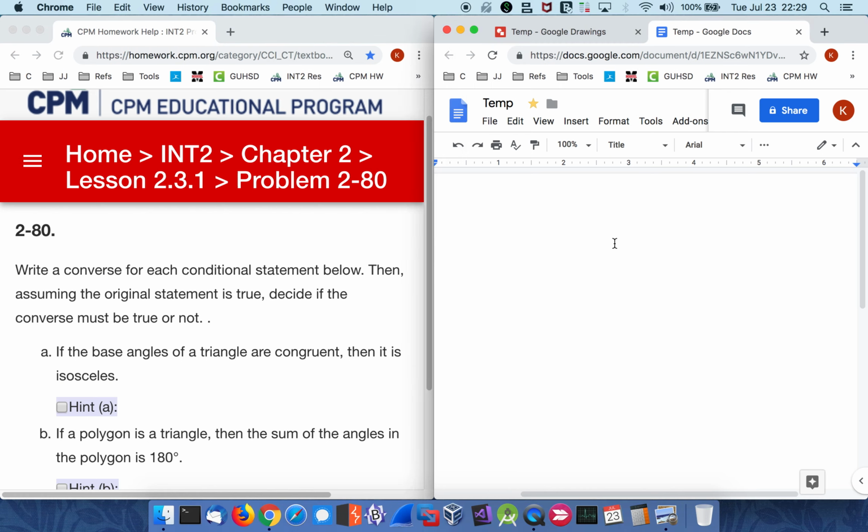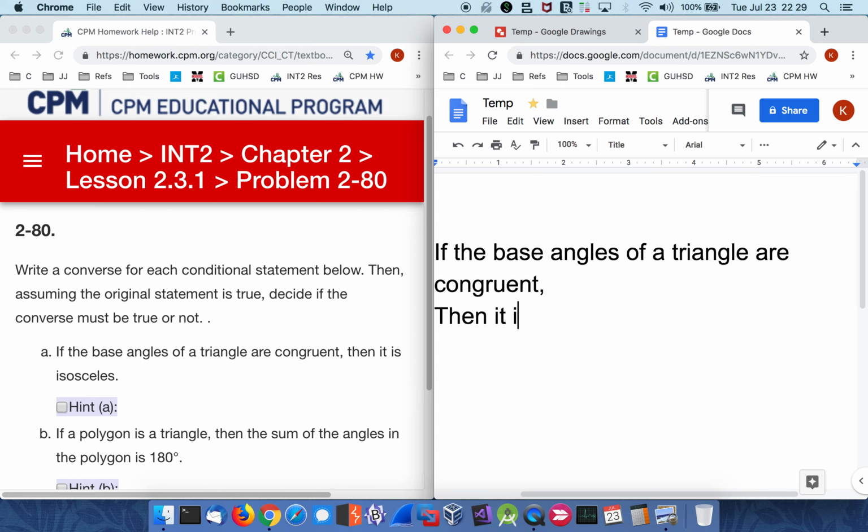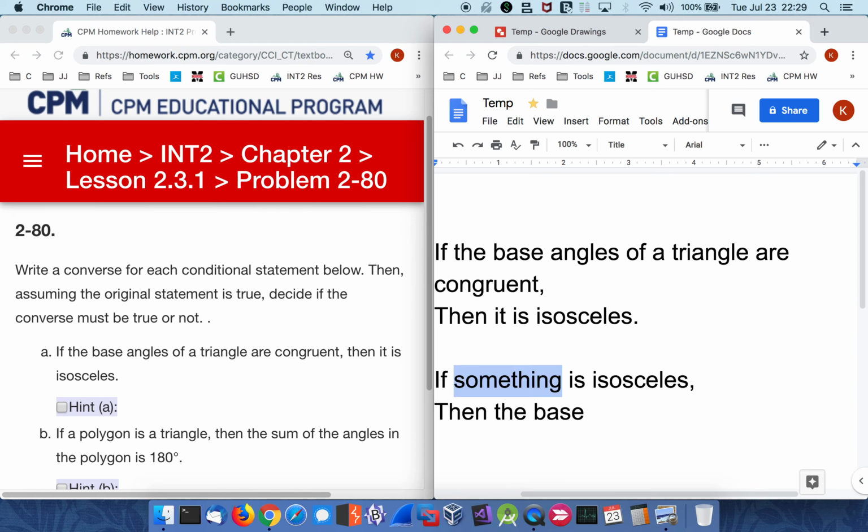If the original sentence is if the base angles of a triangle are congruent, then it is isosceles, then the converse is: if a triangle is isosceles, then the base angles are congruent. So you basically reverse it.